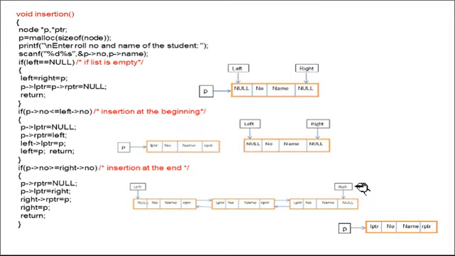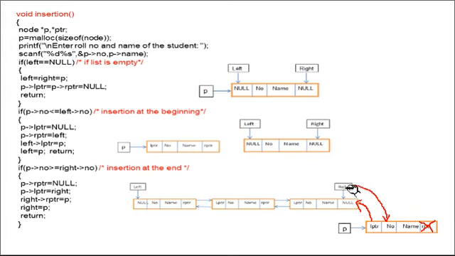So now this will be created. This one is already created, and RPTR equals to null. Then right equals to P. After insertion, this node will become the rightmost node.